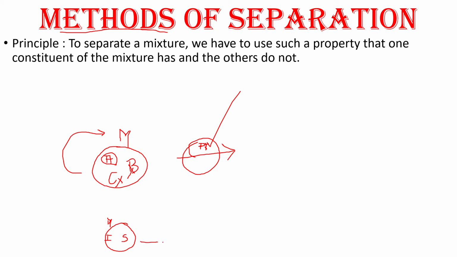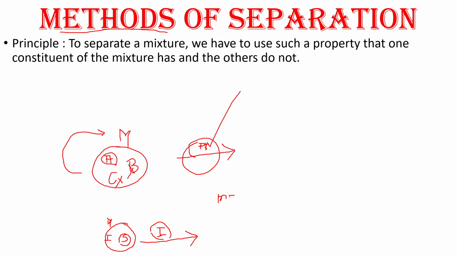From this mixture, I want to separate iron filings. So I would be using a property which iron filings have and which sulfur does not possess. One such property is the magnetic property.